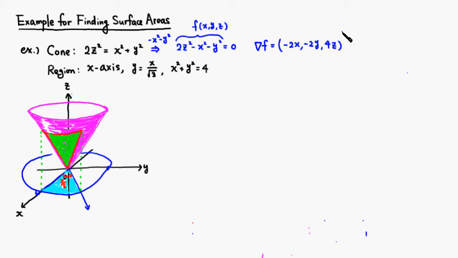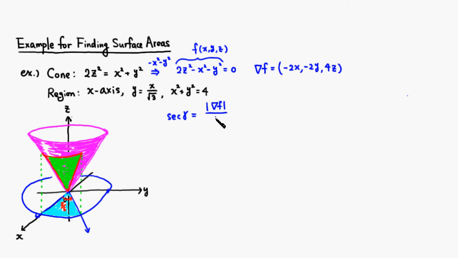Remember that in order to find the secant of gamma, we take the magnitude of the gradient and divide it by the partial of f with respect to z.